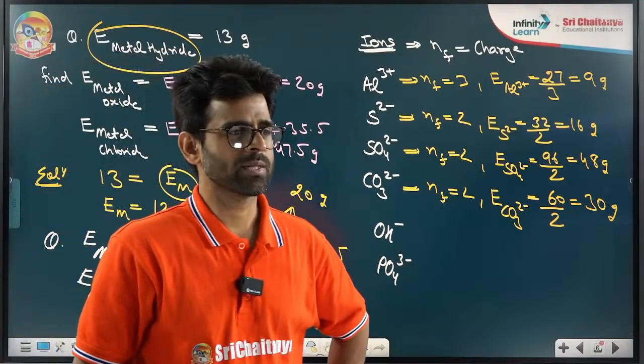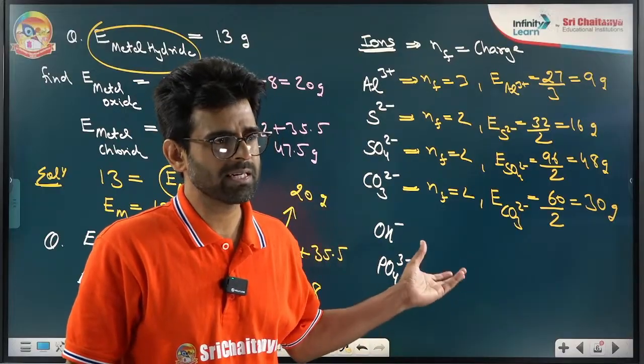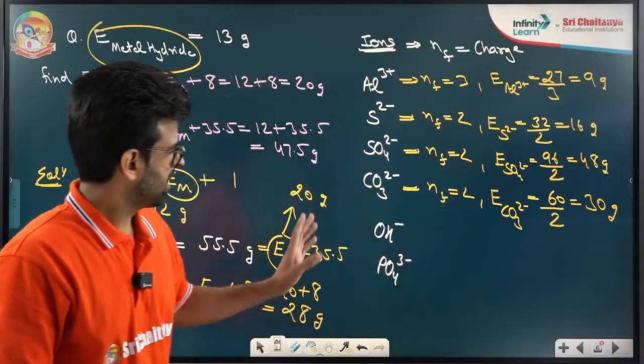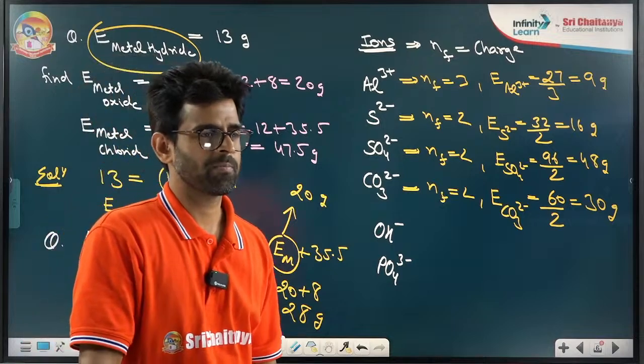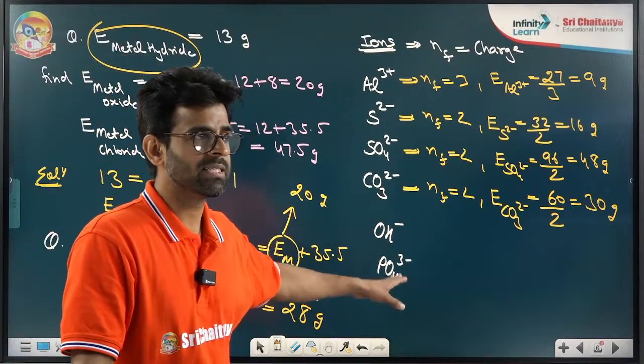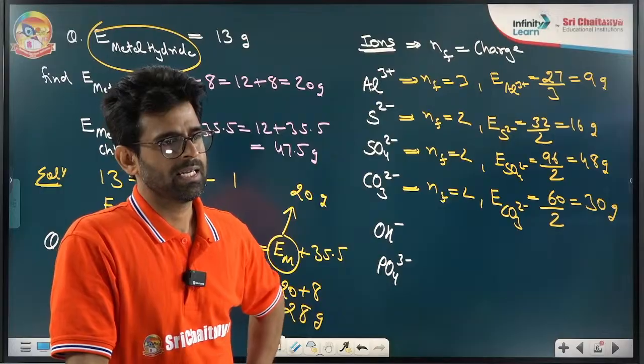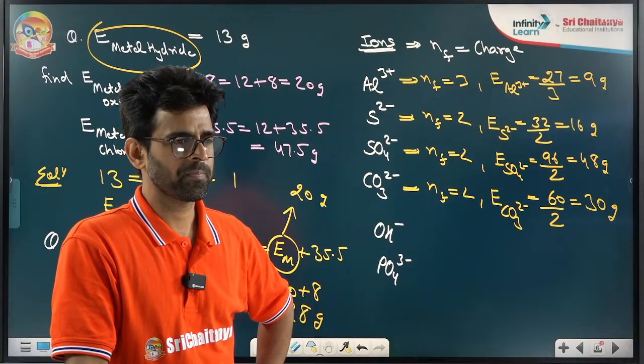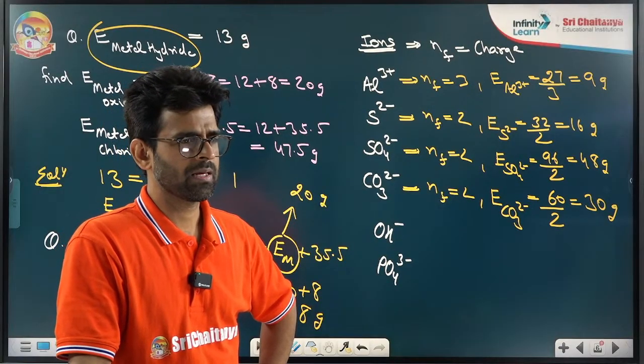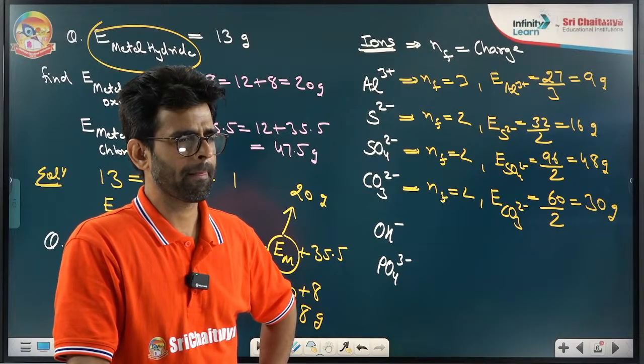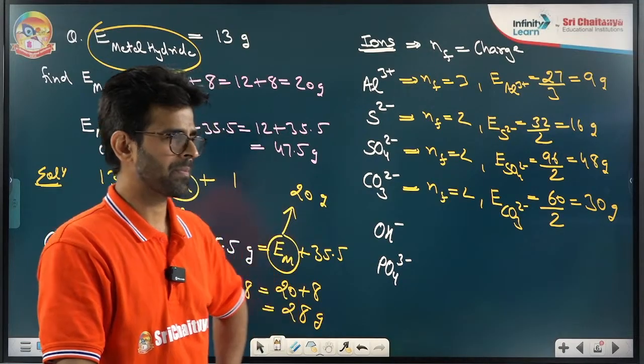Tell me for these two, beta. N factor is very much clear. You can see the charge, and then tell me the equivalent weight. I will use these in the next question. Yes. Fast, fast. How much coming?